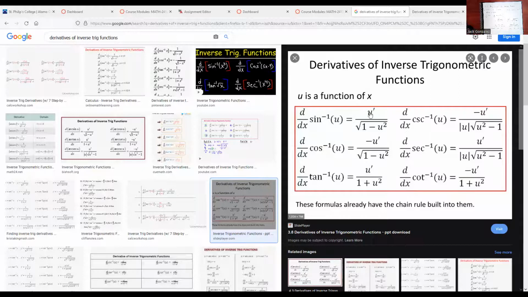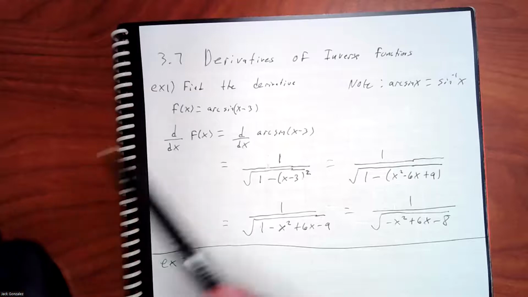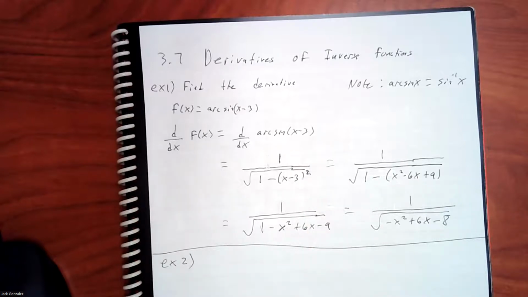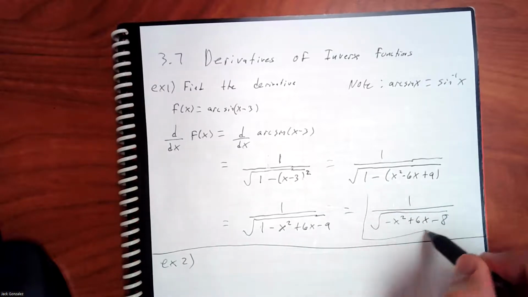So this is the chain rule up here. I don't know if the formulas I sent you had that part on there or not. But just remember that if you see a complex argument inside the inverse function, you may have to do a chain rule. This one right here.